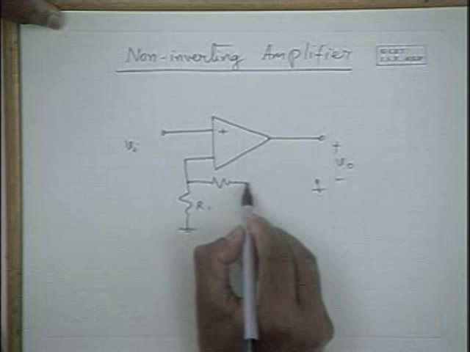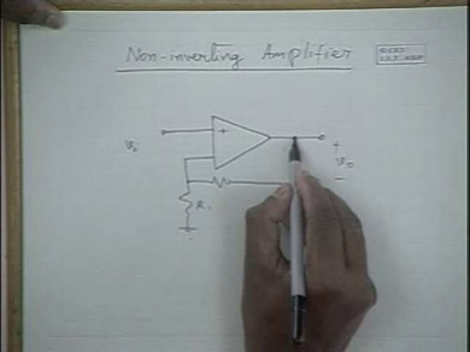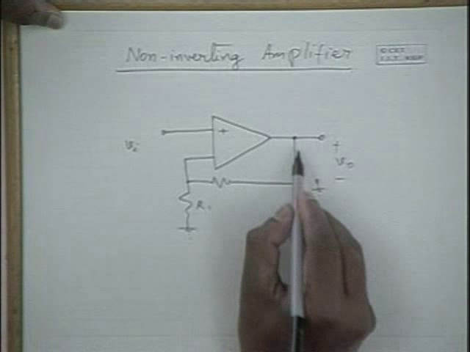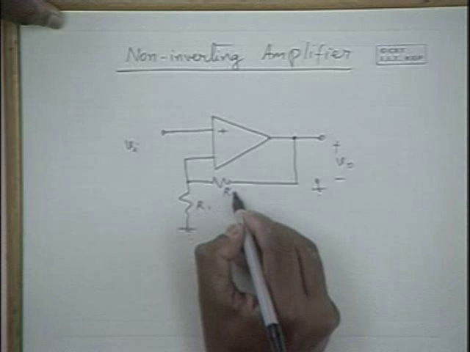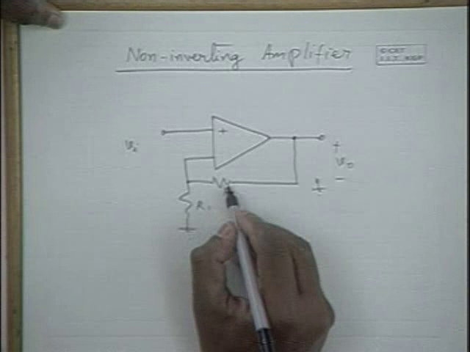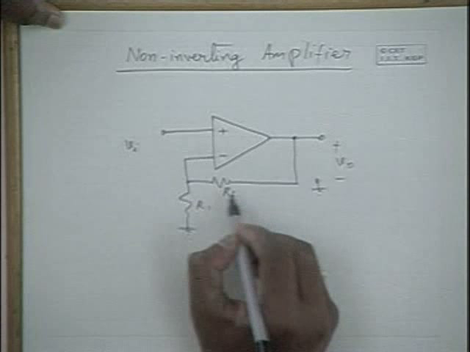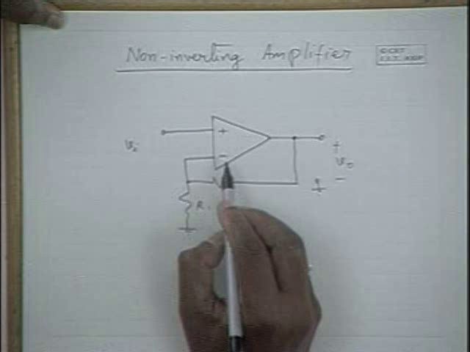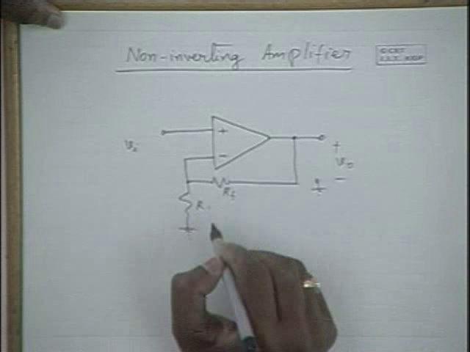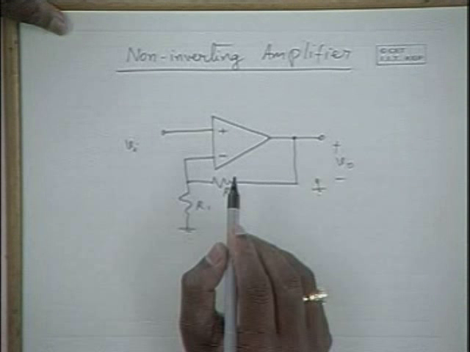Hence, the feedback voltage is applied to the negative terminal. Output is fed back through this Rf and R1 network to the inverting terminal. Hence, the output is a series feedback, and it is negative feedback, and input is applied here.